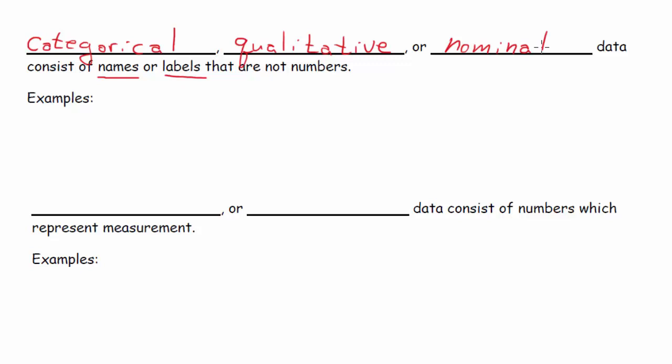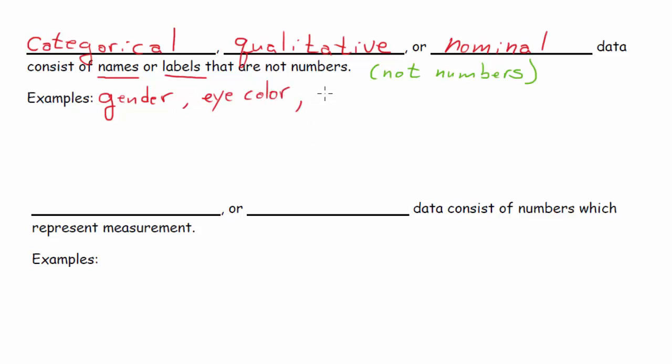So examples of names or labels, these would be things that are not numbers. So for example, gender. Right, so gender is a category, male or female. It's not a number, 5, 6, 7. Your gender wouldn't be 4. Another example might be eye color.